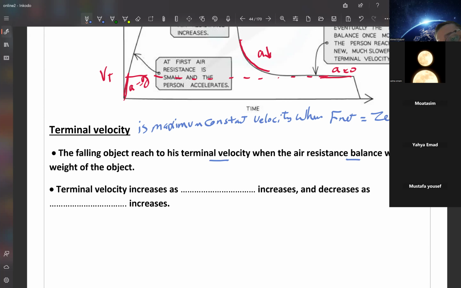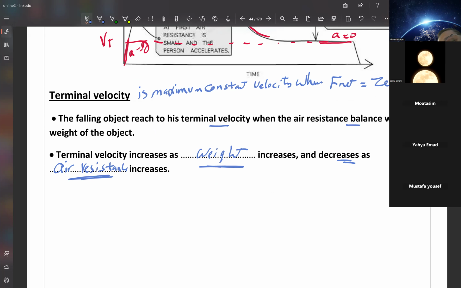Terminal velocity increases as weight increases and decreases as air resistance decreases. So these are the factors that affect terminal velocity: weight and air resistance. Any question?